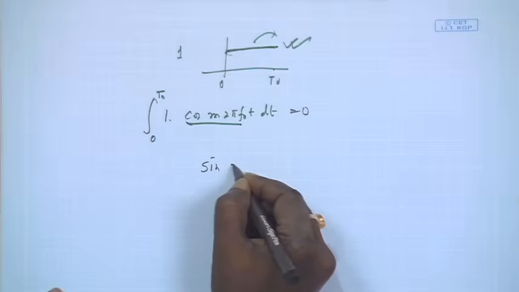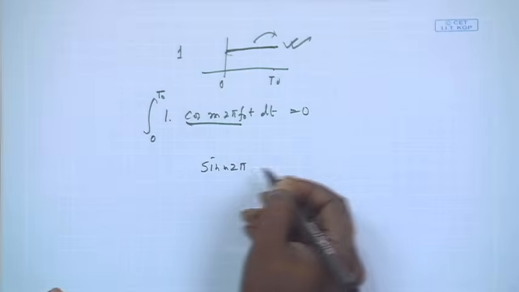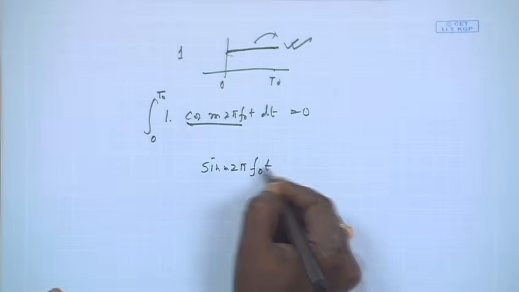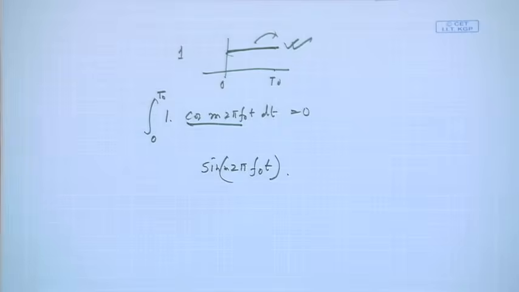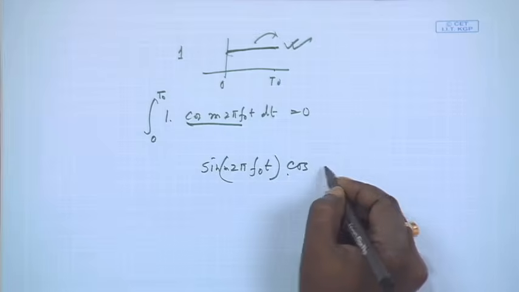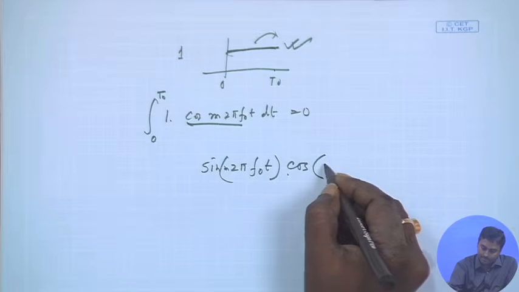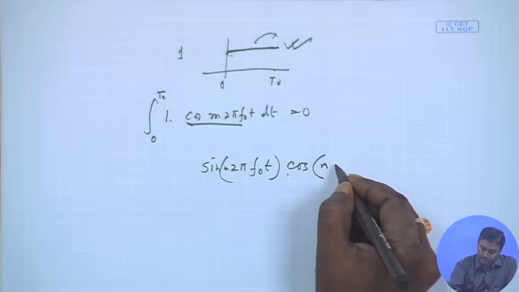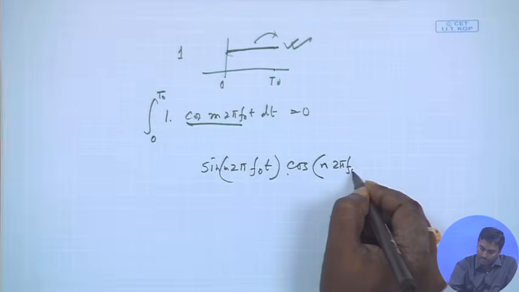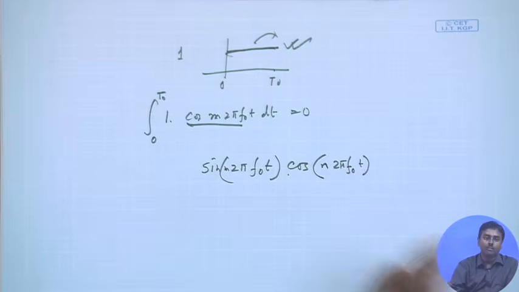Now, the next part is this, also orthogonal to, of course, the DC as well as all those cos values. We will now again show that if I multiply with some cos, let us say n 2 pi f0 t, for any value of m and n.